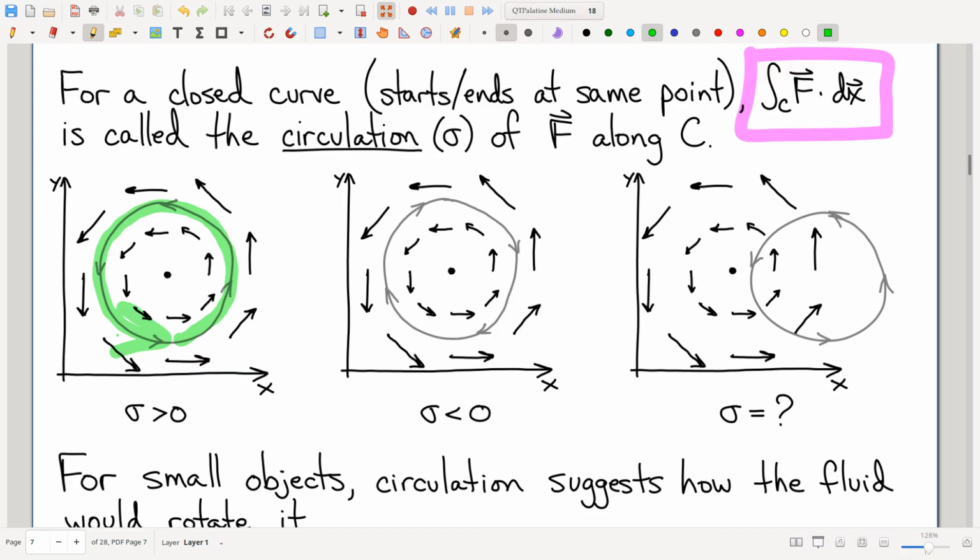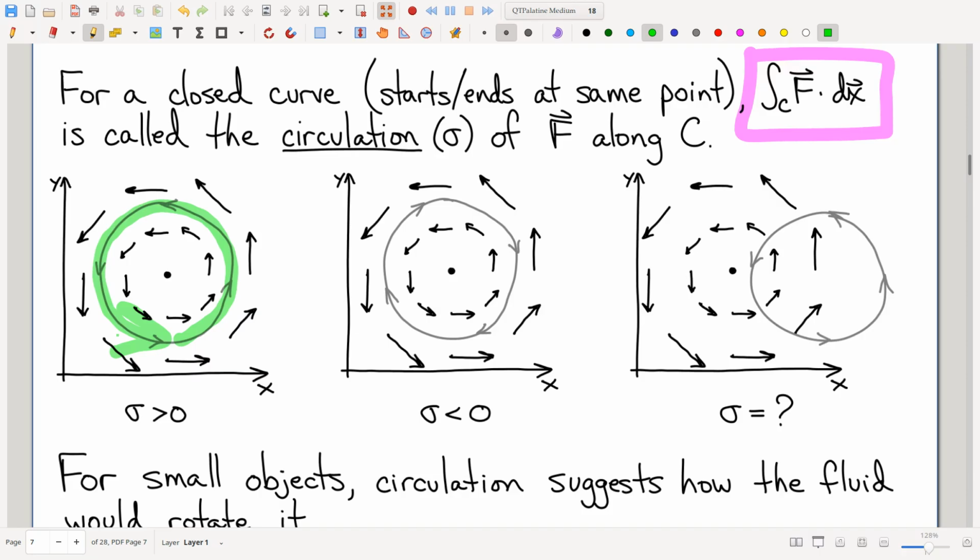Okay, so the line integral represents the extent to which the fluid is following the curve. The curve has directions going around in circles. The line integral kind of represents the extent to which the fluid also has directions going around in circles in some sense. It's representing a rotation of the fluid.